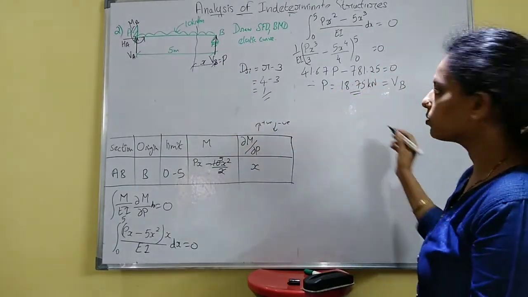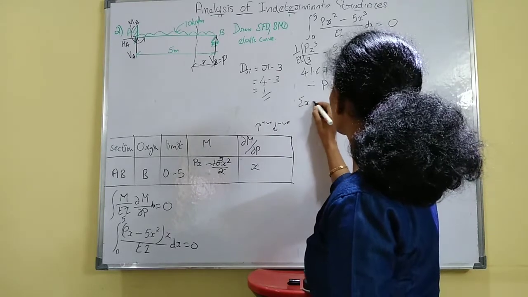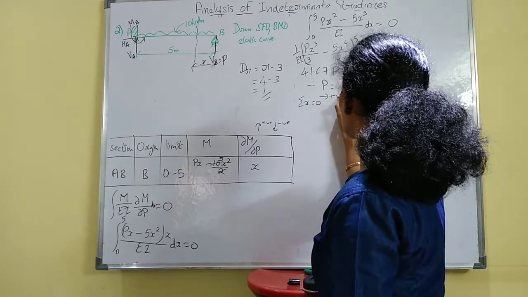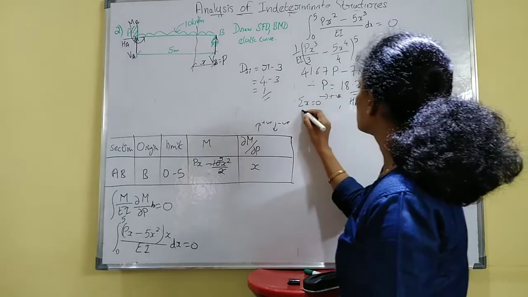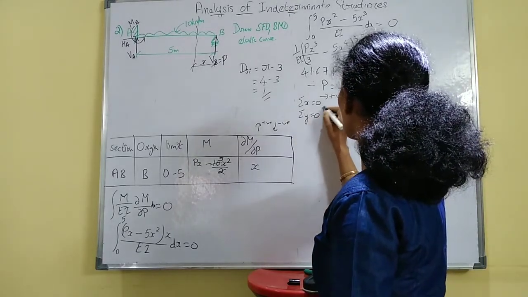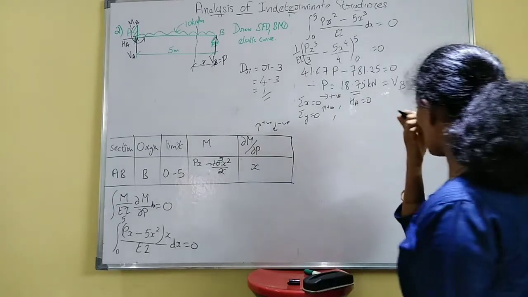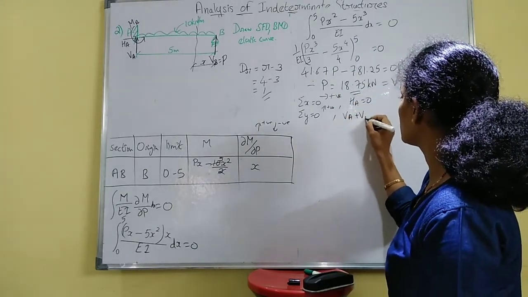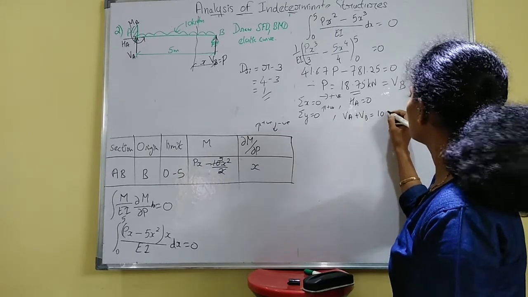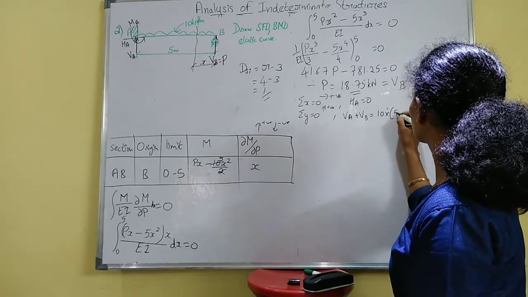Next, using the equilibrium equation, find out the reactions. Up towards right as positive, so HA equal to 0. Summation y equal to 0, upward as positive, so you have VA plus VB equal to 10 into 5.